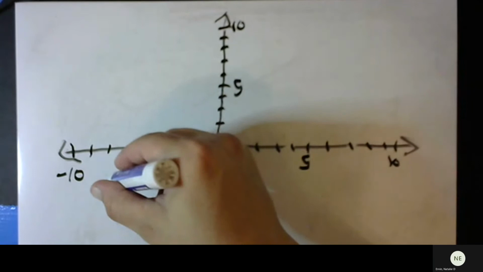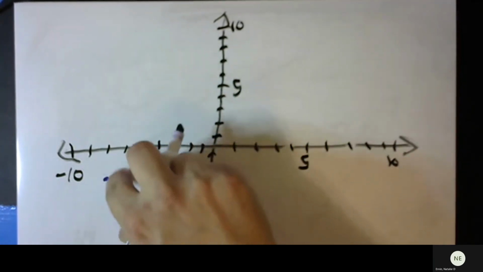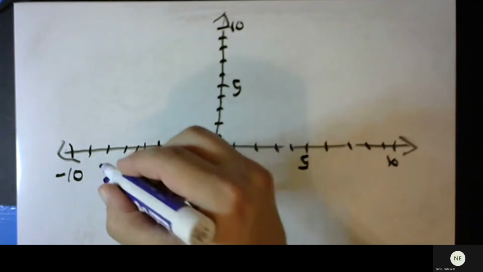It's just about like that. So it should be about -3 and 8. -3, -8.